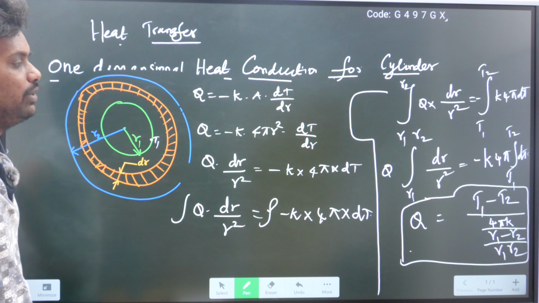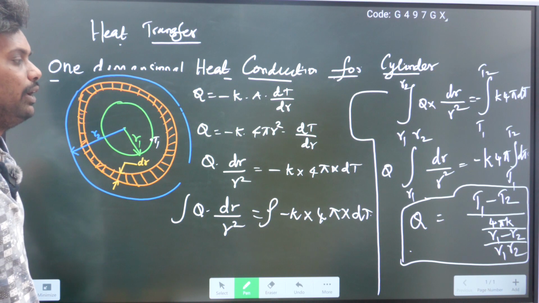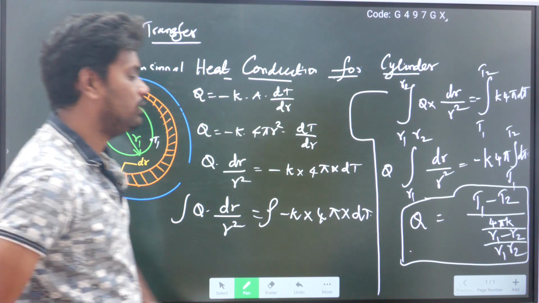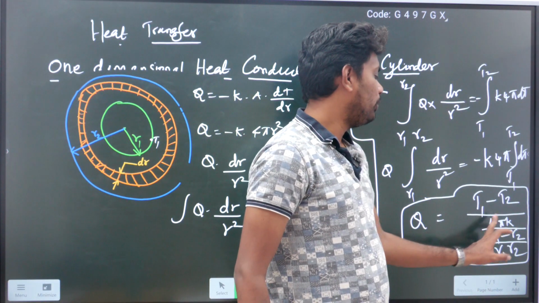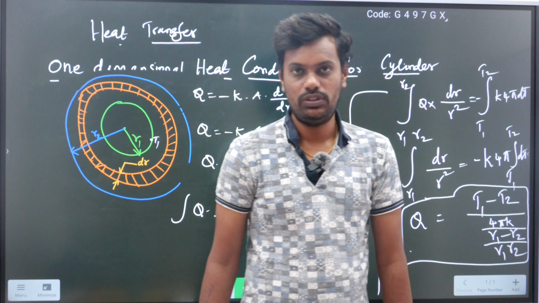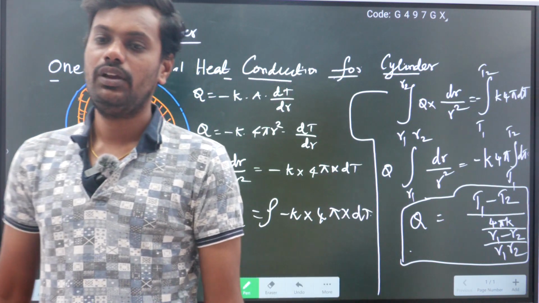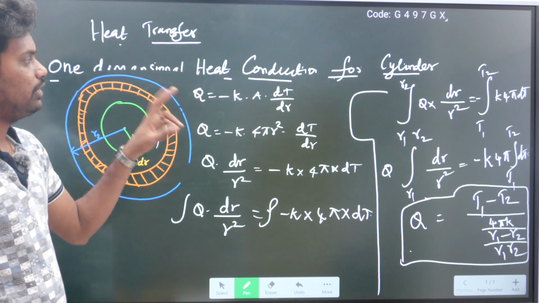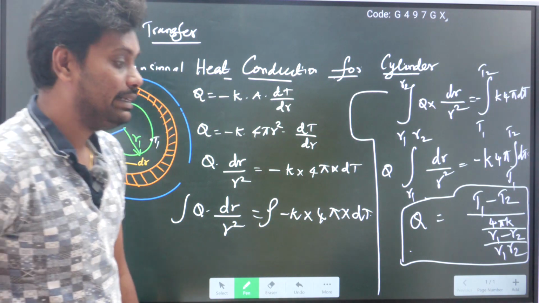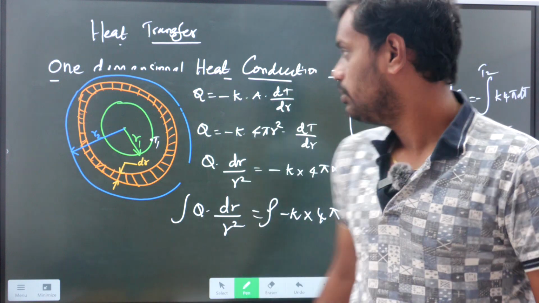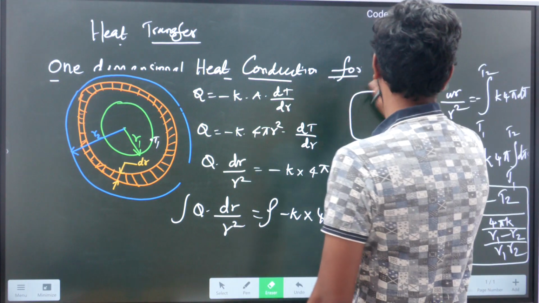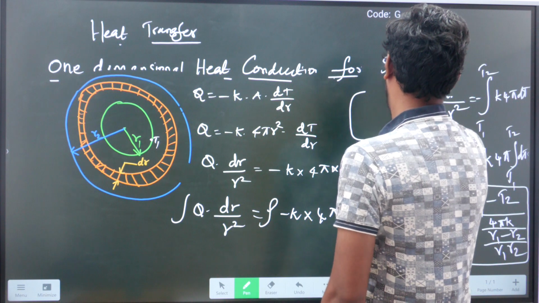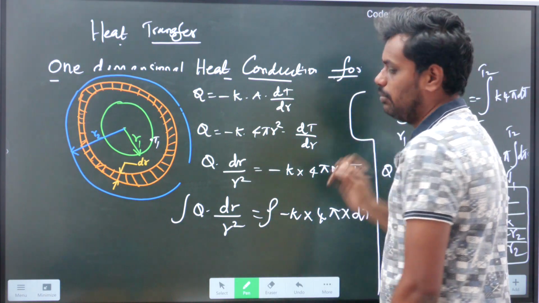Q is equal to T1 minus T2 by 4 pi K by R1 minus R2 by R1 R2, or otherwise you can take R1 R2 here, R1 R2 into 4 pi K by R1 minus R2. This is the final equation for heat conduction in the sphere. So these are the one dimensional heat conduction equations for cylinder, and sorry, this is not cylinder, this is for sphere. So I will summarize the formulas.